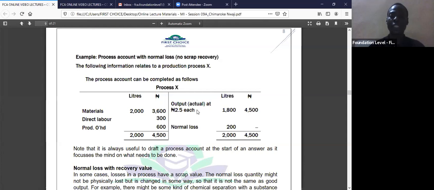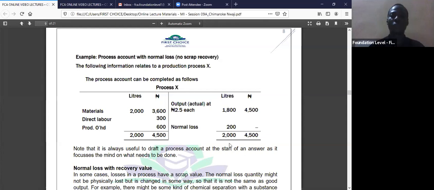Then I said start, even though you put your output and your normal loss, start with the value of your normal loss. The value of your normal loss is 200. You calculated it, it is simple, and it has no recovery value. So you just put a dash. Automatically, it means the good output is 1,800.